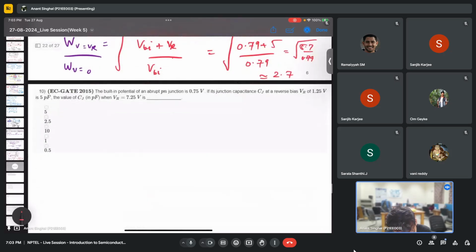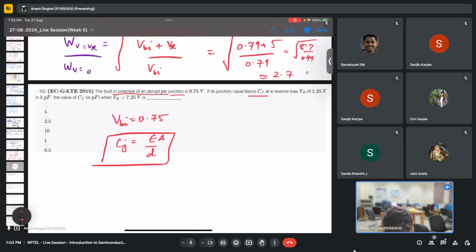So now we have a new question, which is the built-in potential for an abrupt PN junction, again, is 0.75. So VBI is given as 0.75. The junction capacitance is nothing but epsilon A by D. I hope you know the very basic capacitance formula.